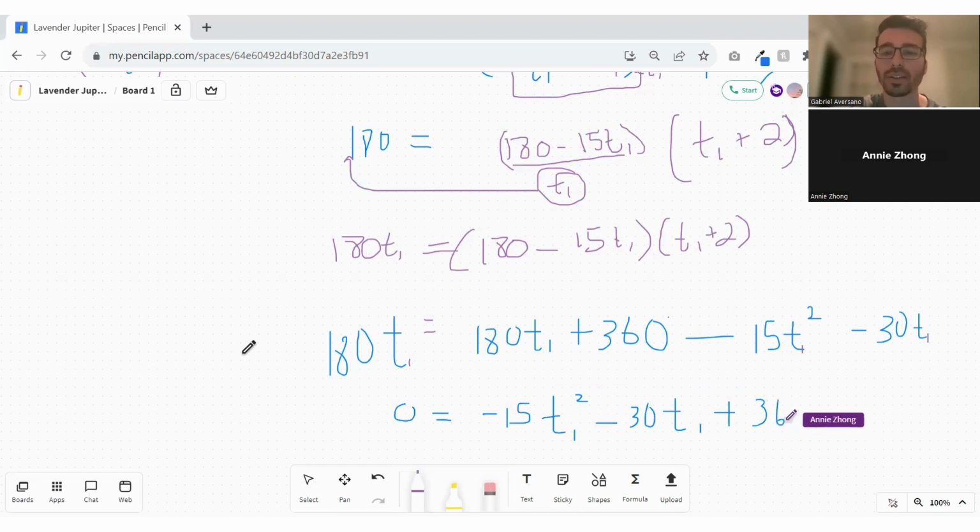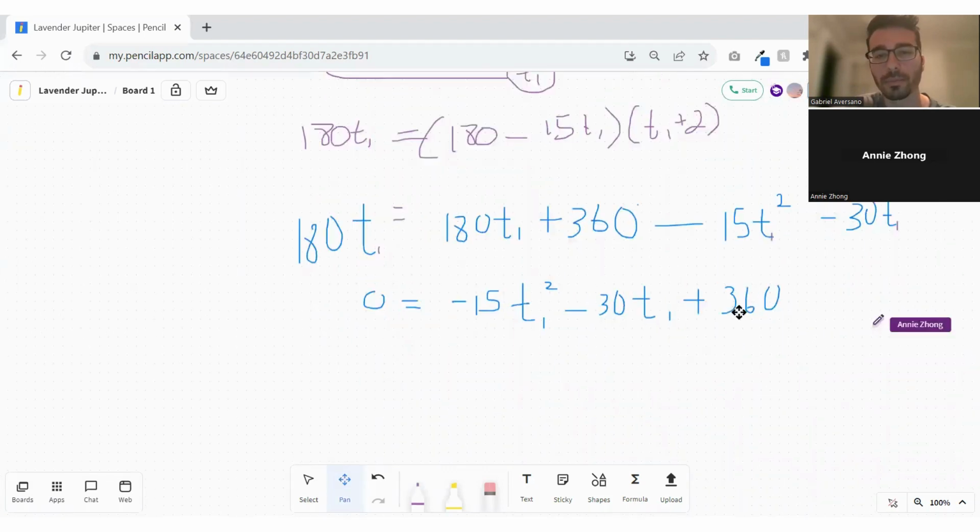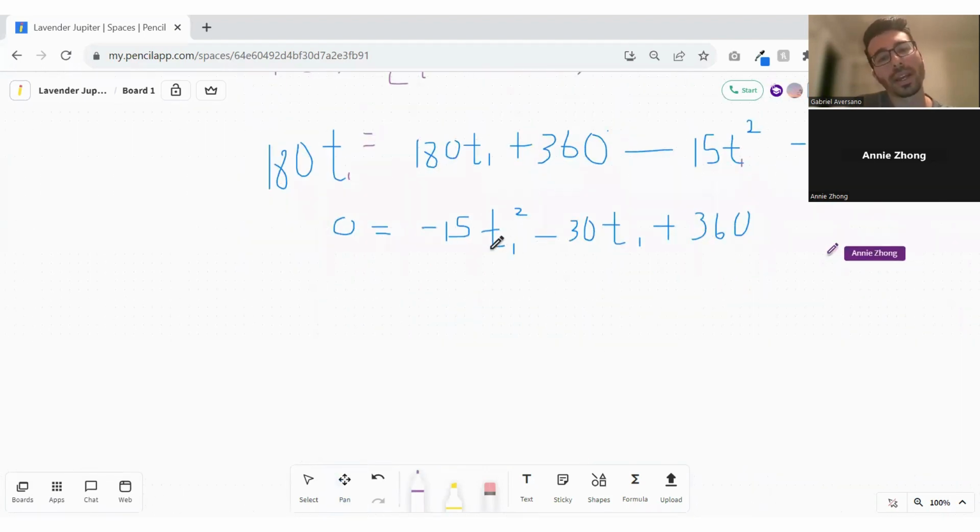I like how you put it in order: the t squared first, and all of your plus and minuses look good as well. So we have a quadratic equation with respect to t1.